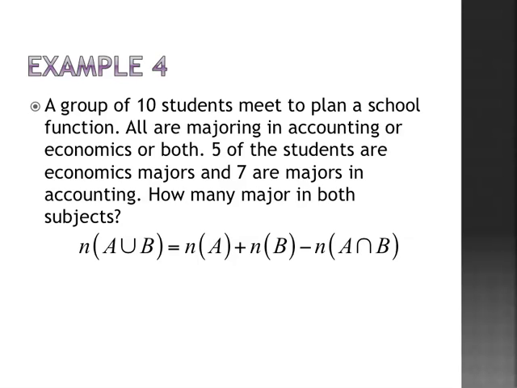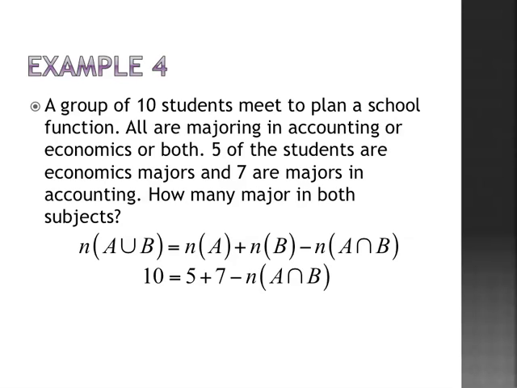So A union B, the number of elements, is 10. So this is going to be 10 equals 5 plus 7 minus the number that are the intersection of both. So minus the number who are majoring in both economics and accounting.